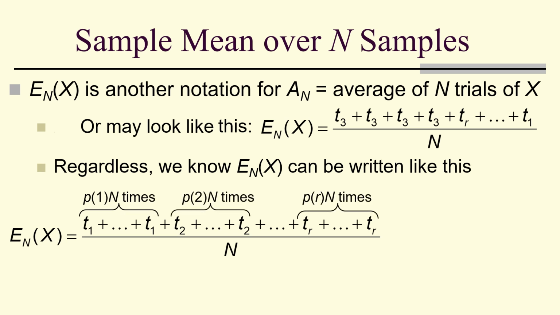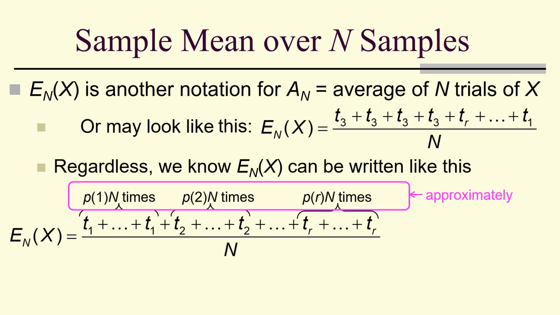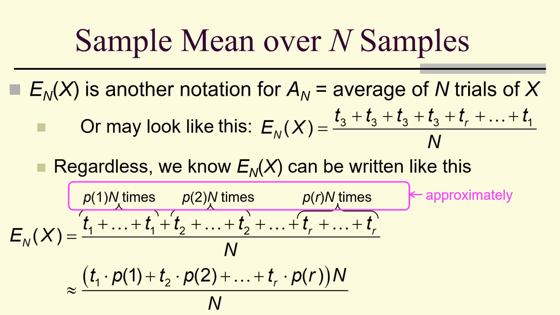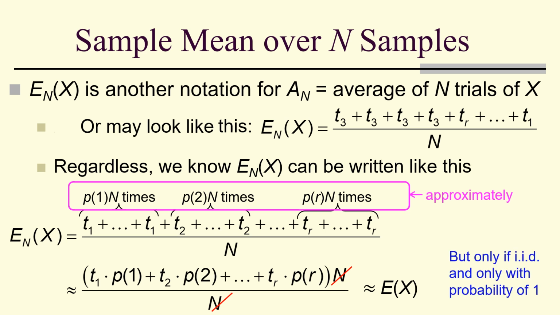And there's going to be approximately p1 n occurrences of T1 and p2 n occurrences of T2, approximately. And if we factor the n out, we can cancel. And that's approximately the expected value of X. But only if we have IID and only with a probability of 1.